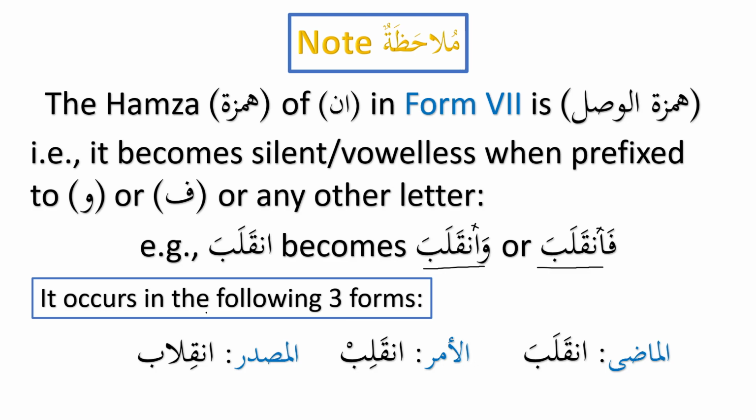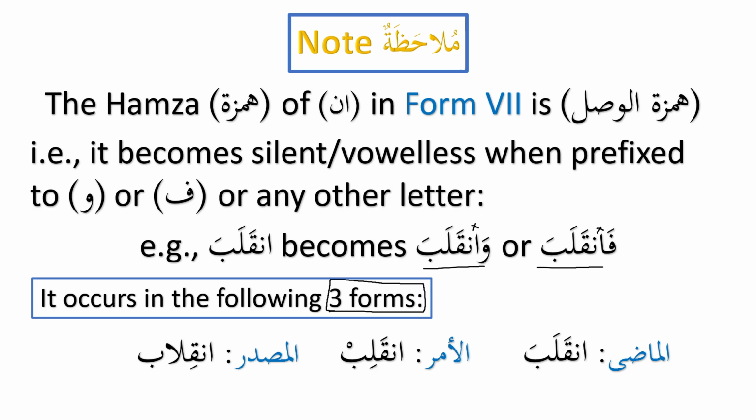And it occurs in the following three forms. From number 7 to 10, in all the forms the hamza will be hamzatul wasl, but only in three forms. It will be in the past tense, al-madi, inqalaba; in al-amr, inqalib; and in al-masdar, inqilab.